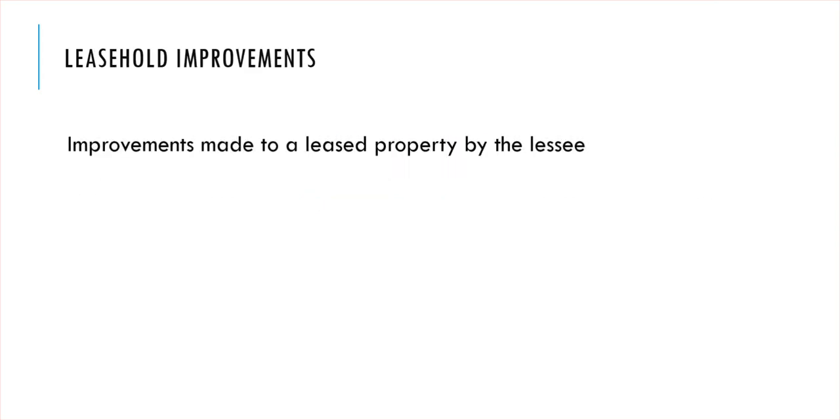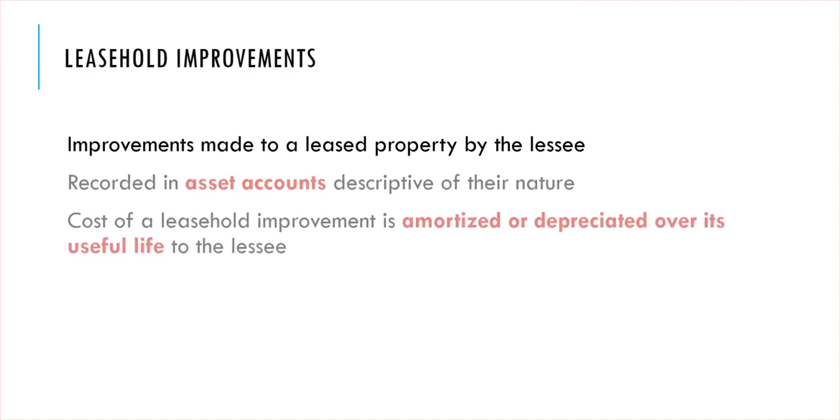Leasehold improvements are changes to the property by the lessee. And if you no longer have a right over it at the end of the time period, this is like if you're renting land and you put bushes on it. So you put some bushes on your land, okay?